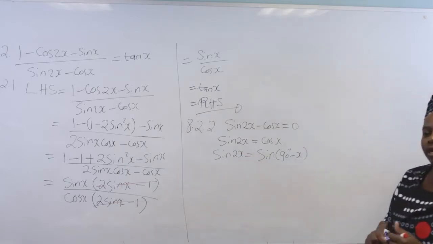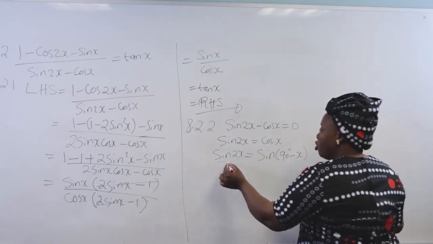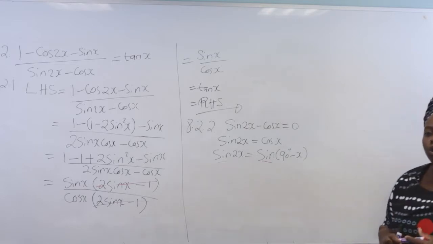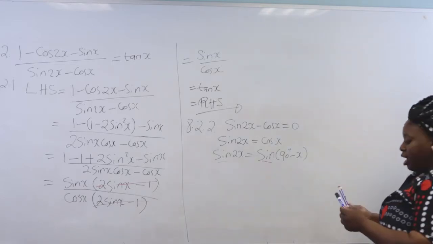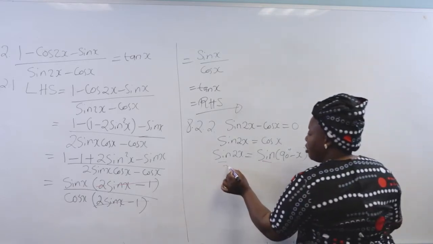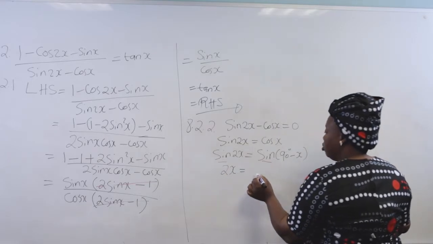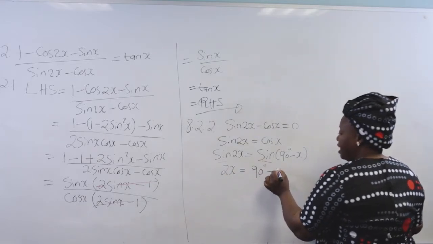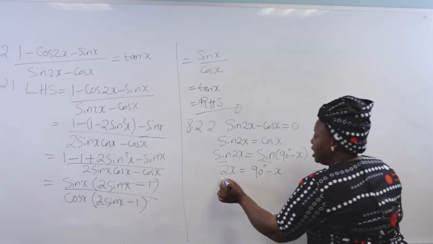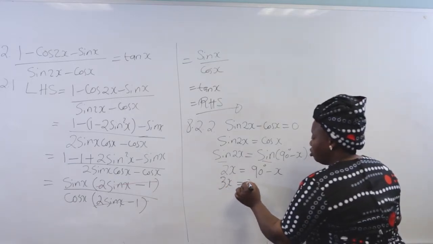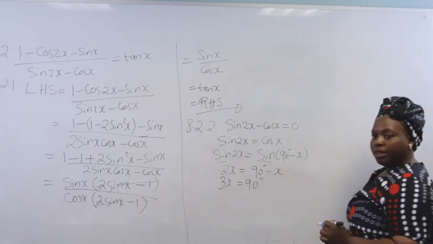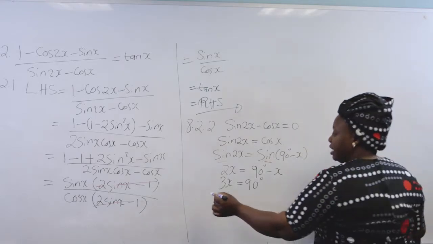Now, the moment we have the same ratios, we drop them and we focus on the angles. So the ratios are not important anymore. What is important is our angle. So 2x is going to be 90 minus x, meaning that 3x is equal to 90. Now, this is our reference angle.